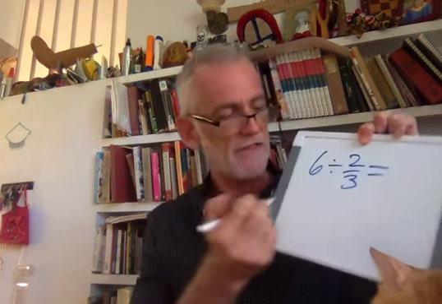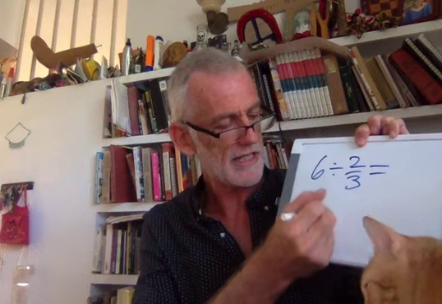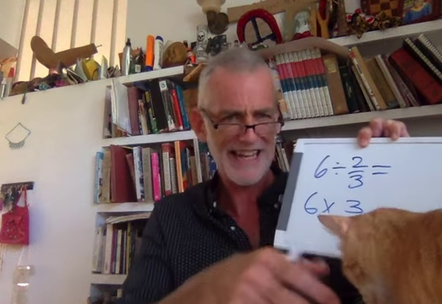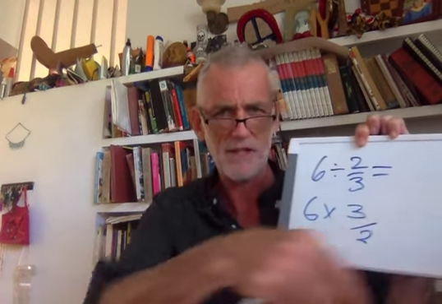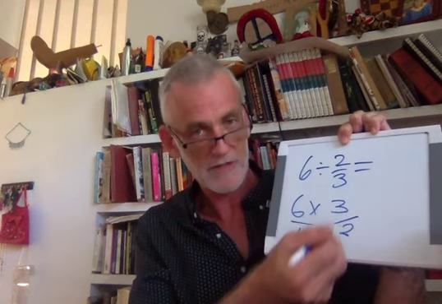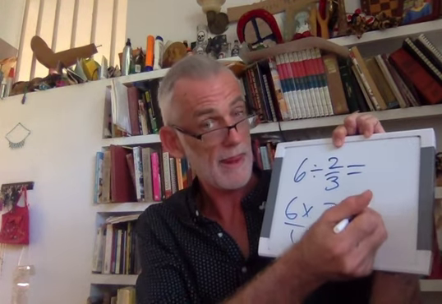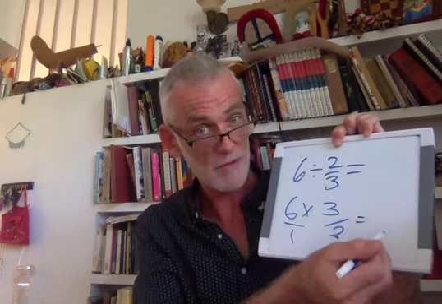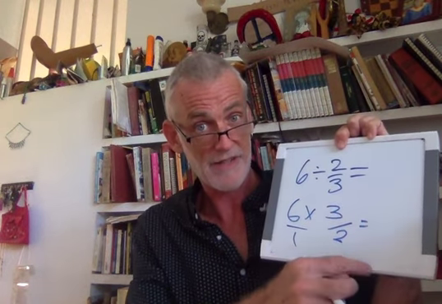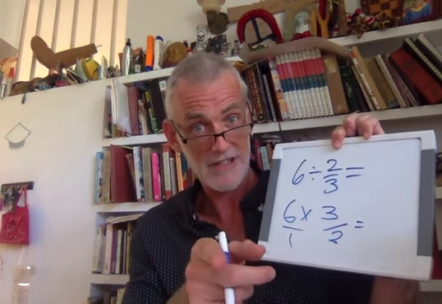This is the first time we flipped. So it's 6 times what? 3 over 2. My cat wants to be a part of math class. That is a 1 on the bottom. 6 times 3 is, you know that. 1 times 2 is, you know that. Simplify. Answers in the next video.